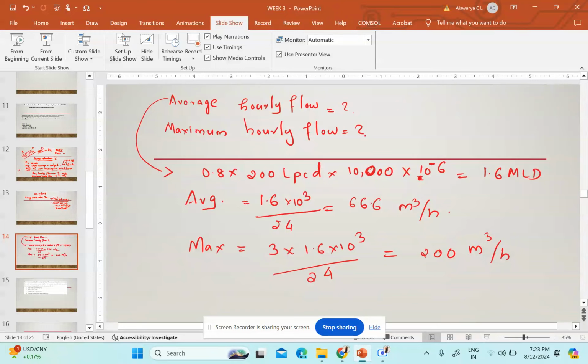Drain capacity in the sense, what have you considered?